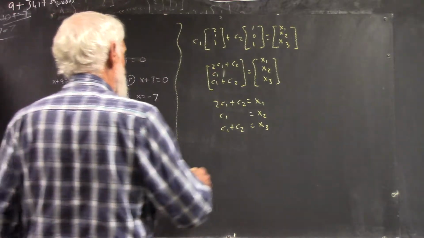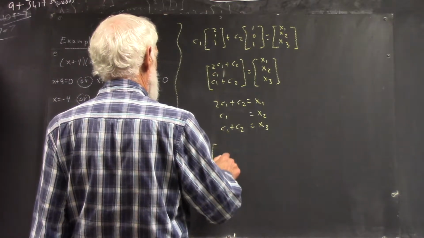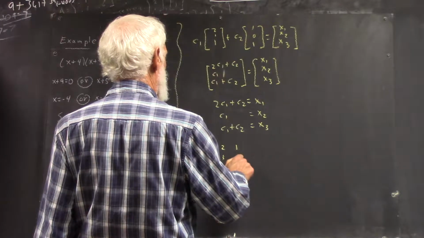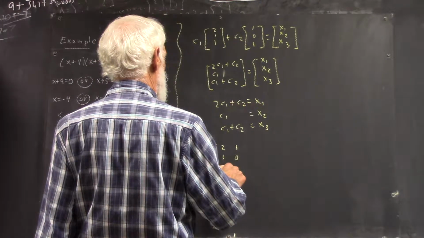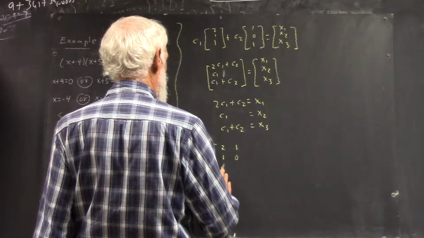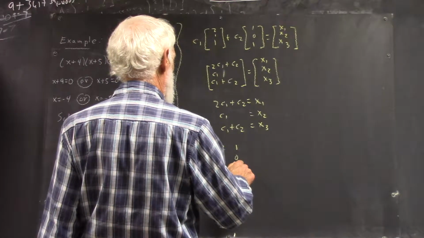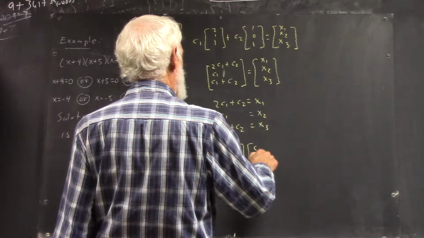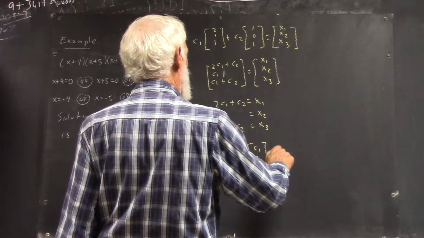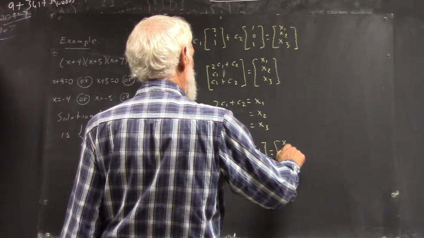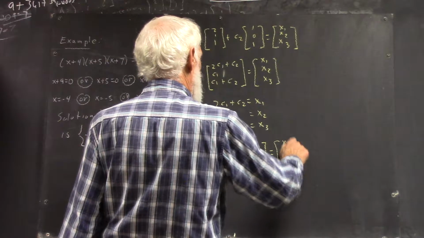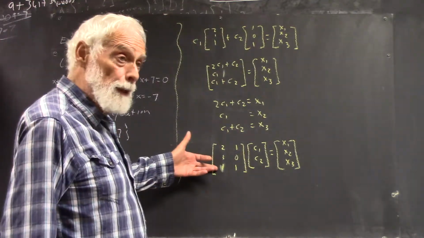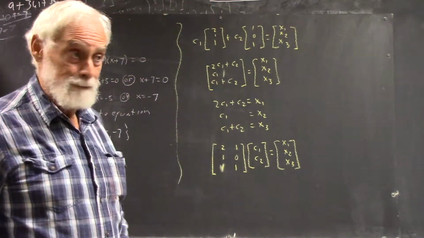Okay. Now, you go to the matrix. You have this matrix equation. You're not going to be able to invert this matrix. It's not square.